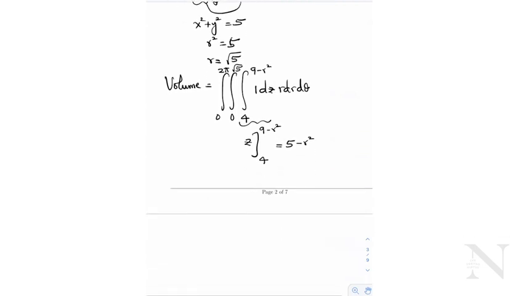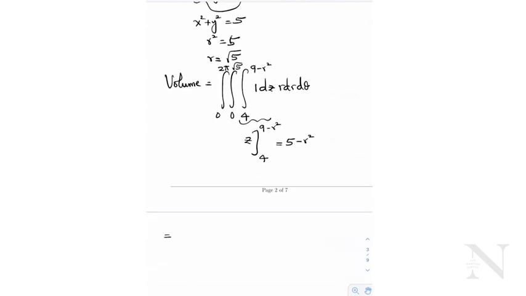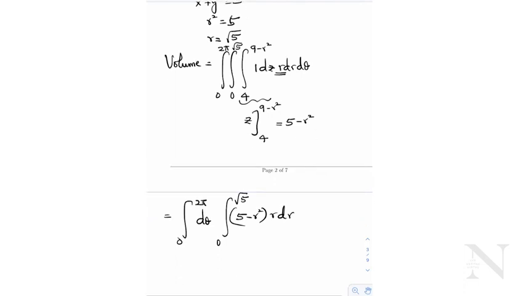Now we could go ahead and do our stunts of separating these things. So it's 0 to 2 pi d theta and 0 to square root of 5. Just look out for this extra r here. So it's 5 minus r squared, times r dr. That's the height times the radius term and then the angle out there.